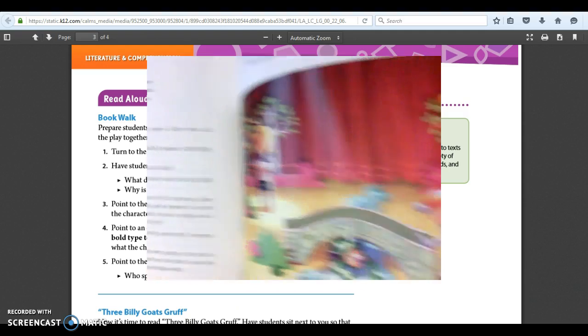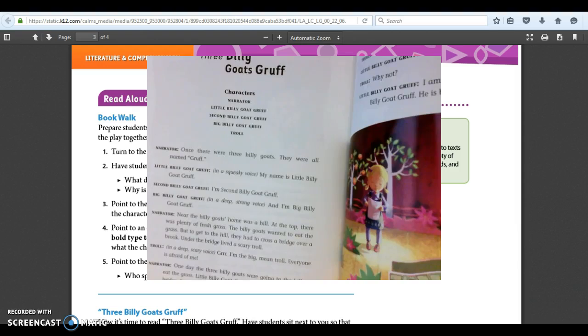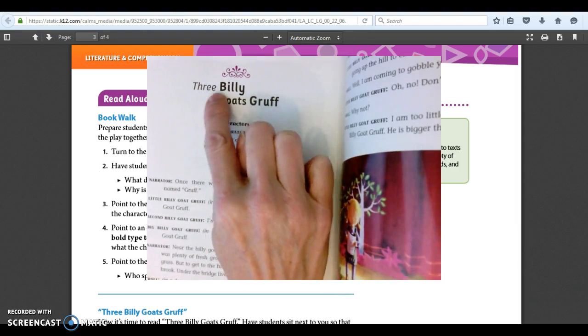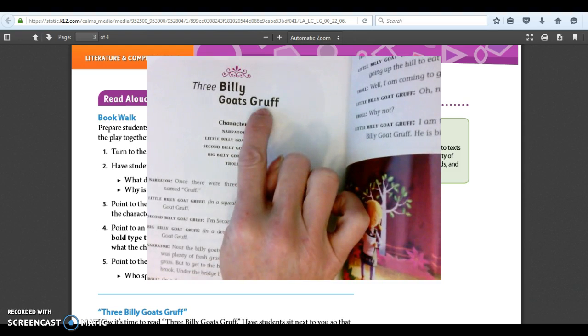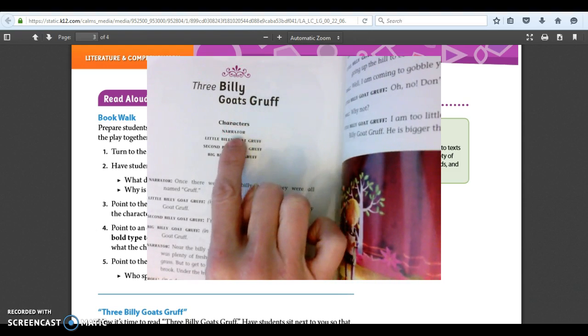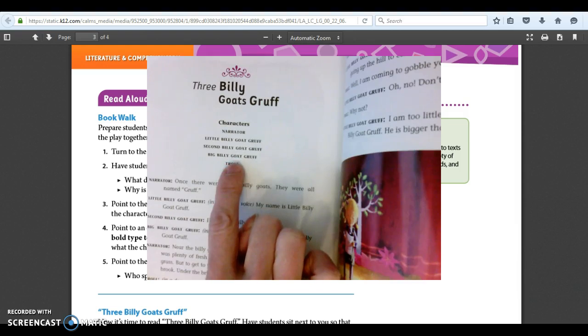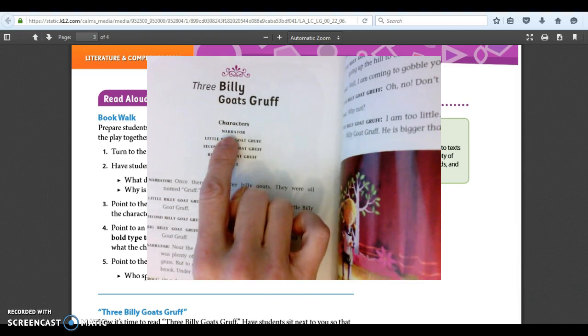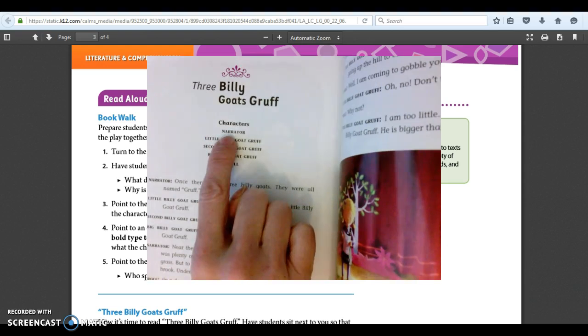Okay, let's look back here on page 154. We have the title of our play, The Three Billy Goats Gruff. And right underneath the title is a list of the characters that are in this play. Let's see who the characters are. We have the narrator. Remember, that's the person that's telling the story about the play.